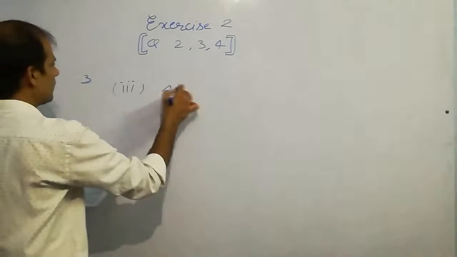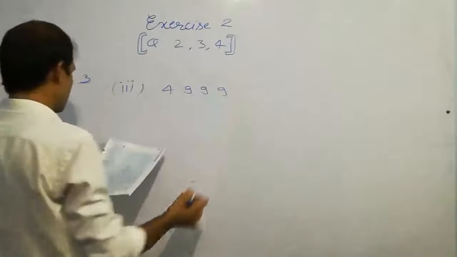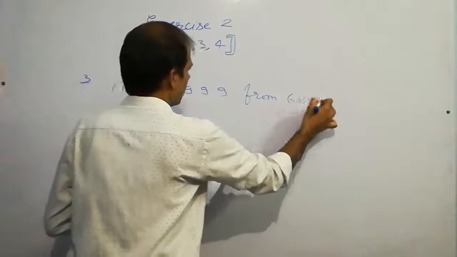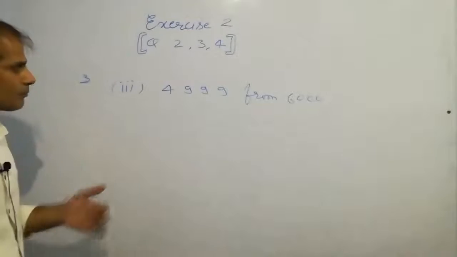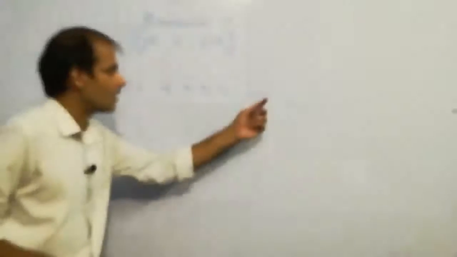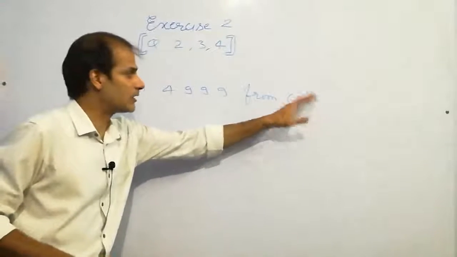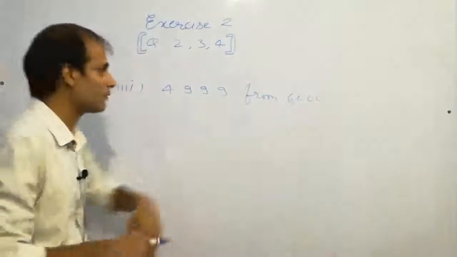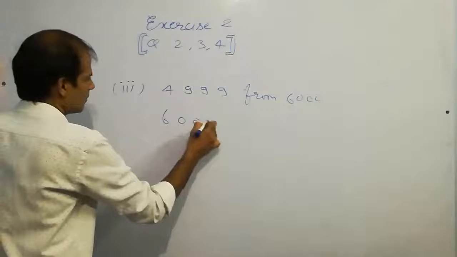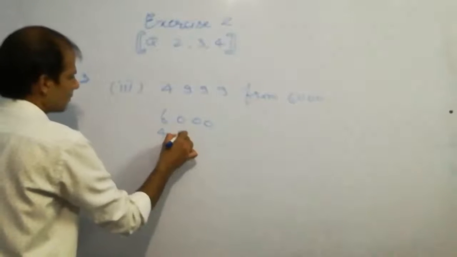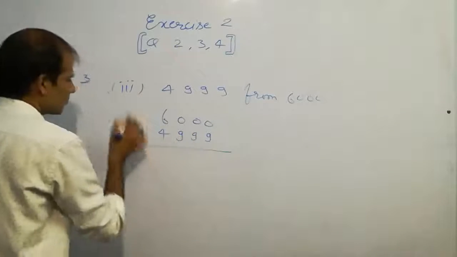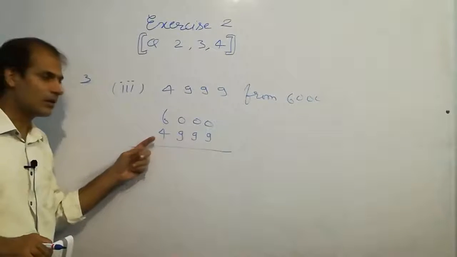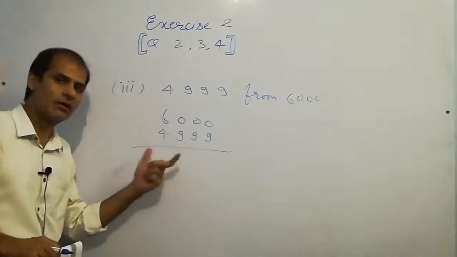It is written that 4999 from 6000. So from the rule, the number which is written after from, we will write this number first, and this number is written below it. So it is the minuend, it is the subtrahend, and the answer will be the difference.